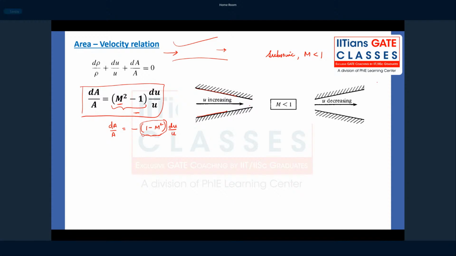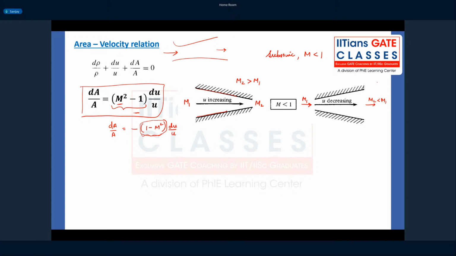Because the velocity increases, let's say at the inlet it is Mach 1 and at the outlet it is Mach 2, so M2 is going to be greater than M1. And if a subsonic flow enters a divergent duct, the velocity is going to decrease because the area increases. So if this is your M1 and this is your M2, M2 is going to be less than M1.